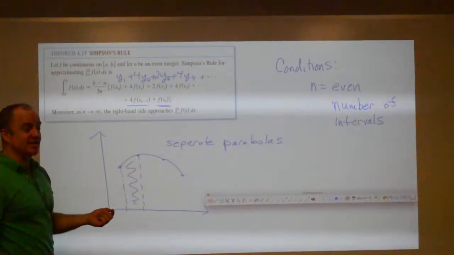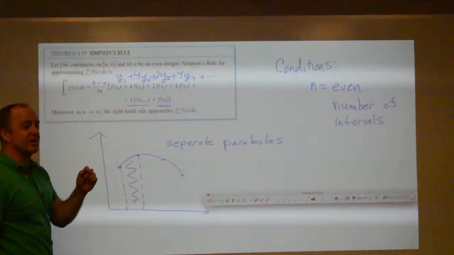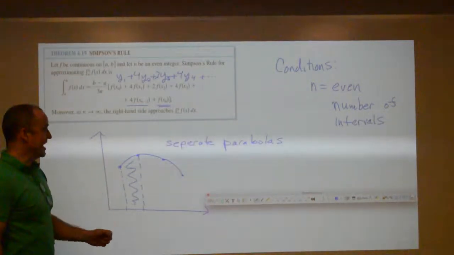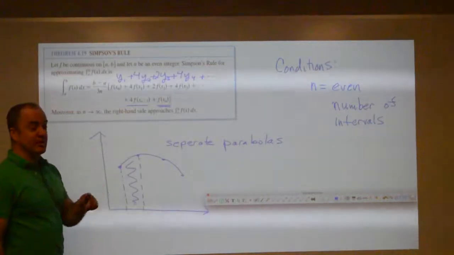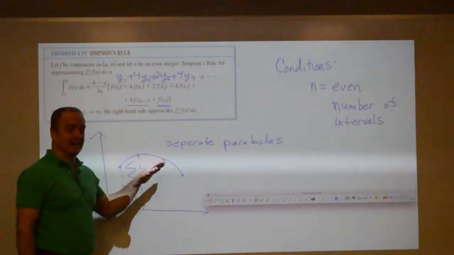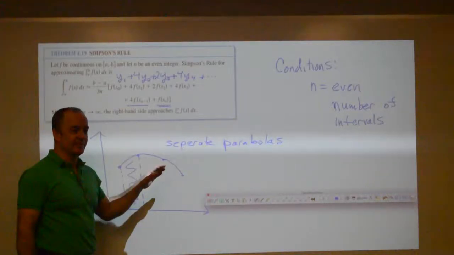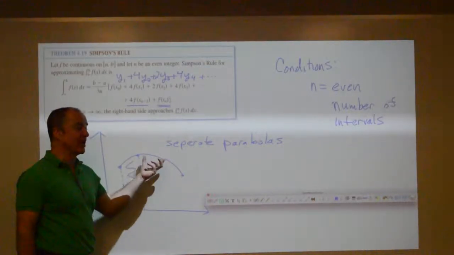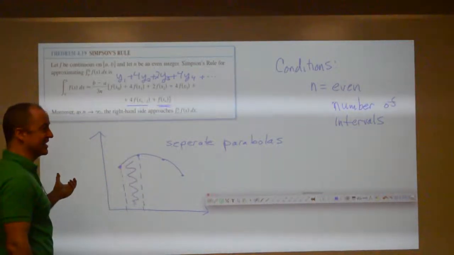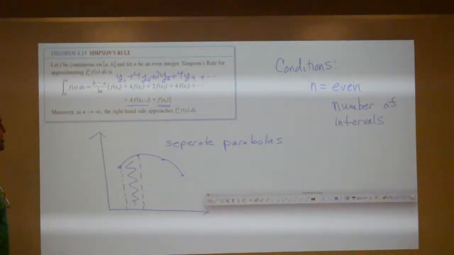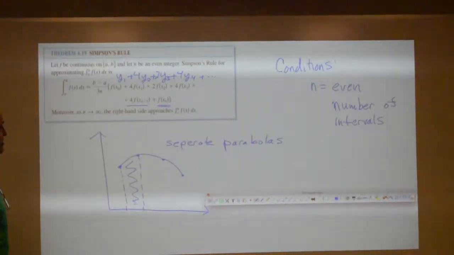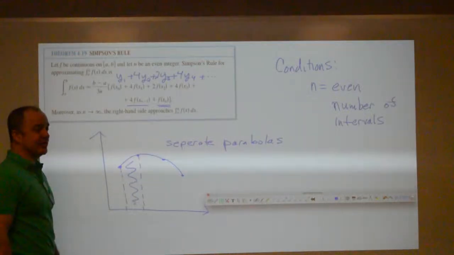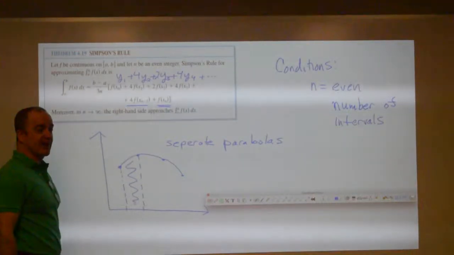If you use it on anything else, it's an approximation. But if you use Simpson's rule on a parabola, you get the actual integral. Similar thing, if you use the trapezoid rule on a line, you would also get the exact area. For that matter, if you use the area of a triangle formula on a line, you would get the exact area. So Simpson's rule will be the exact integral if you use it on a parabola, but at that point you should probably anti-derive.